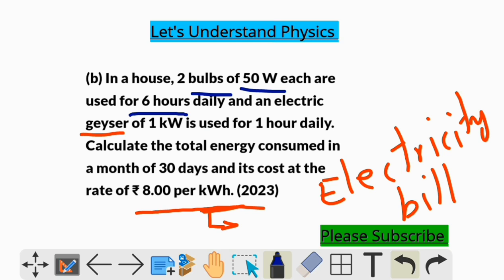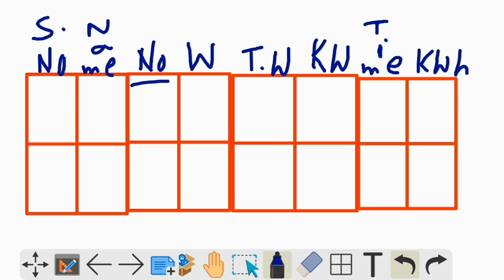Two bulbs. So number of devices here you have to take 2. Name is bulb, and each has a wattage reading of 50 watts, and then time 6 hours. So all the data is given. We just need to write in this table. Serial number 1. Name I am just writing as B because bulb. How many are there? 2 are there.